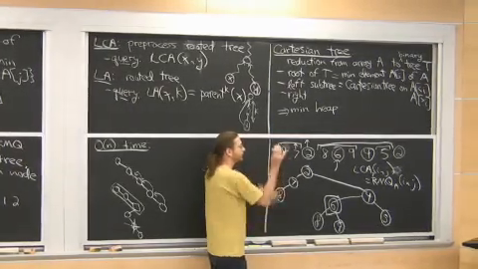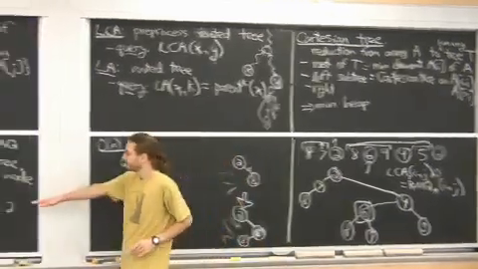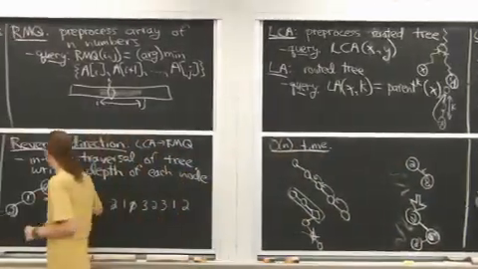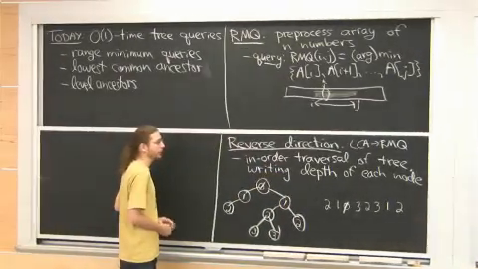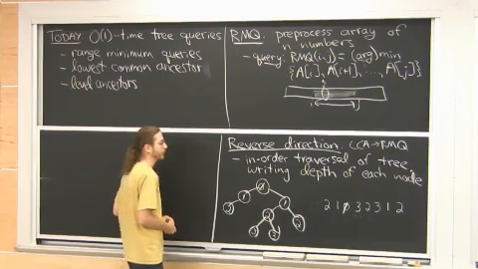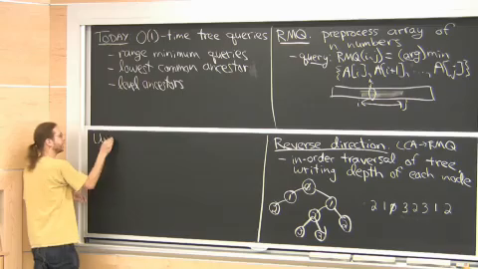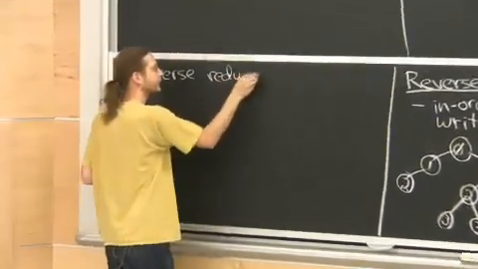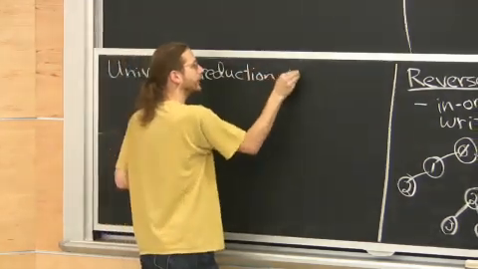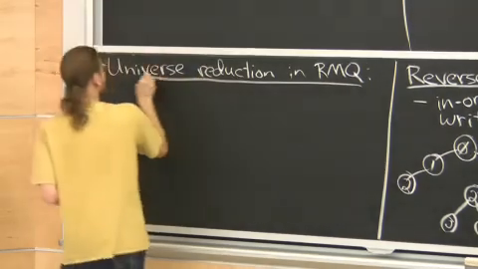Because here I had numbers, they could be all over the place. Here I have very clean numbers. They will go between 0 and the height of the tree. So in general, at most, 0 to n minus 1. So a fun consequence of this is you get a tool for universe reduction in RMQ. The tree problems don't have this issue because they don't involve numbers, they involve trees.